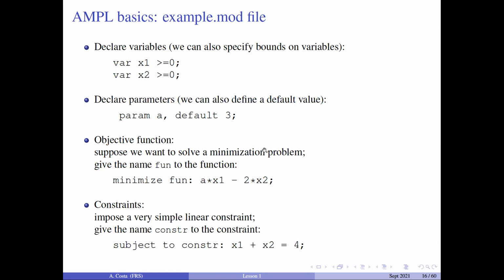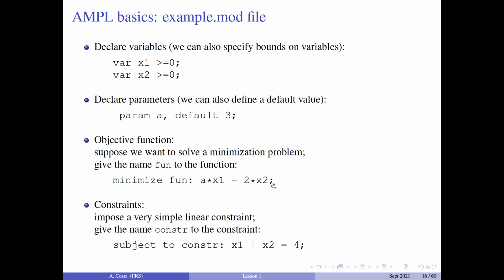Then we have the objective function. How does it work? The keyword is minimize or maximize, depending on your problem. Then you put a name for the function. In this case, it is fun, but it can be anything. Then you have to use this syntax here, followed by the expression. This expression is A times the variable x1 that we declared here, minus 2 times the variable x2.